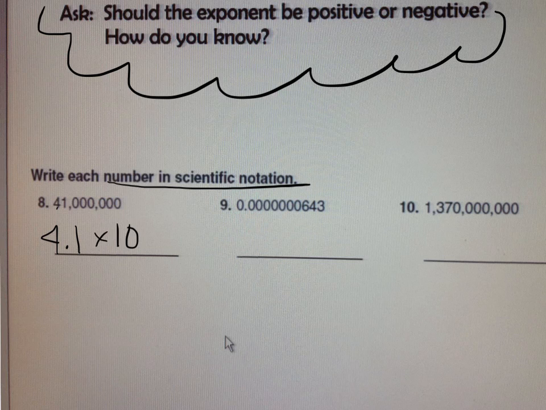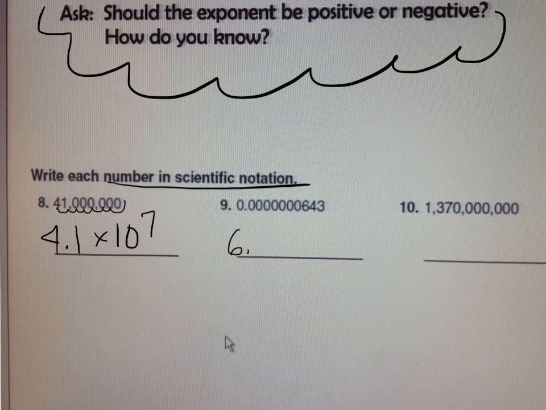Is your exponent going to be positive or negative? That's right, it's going to be positive because we are moving to the right. We're making it bigger. How many spaces to the right? 1, 2, 3, 4, 5, 6, 7. You had to move 7 places to the right. 10 to the 7th. Again, notice how many zeros are in that number. Interesting.